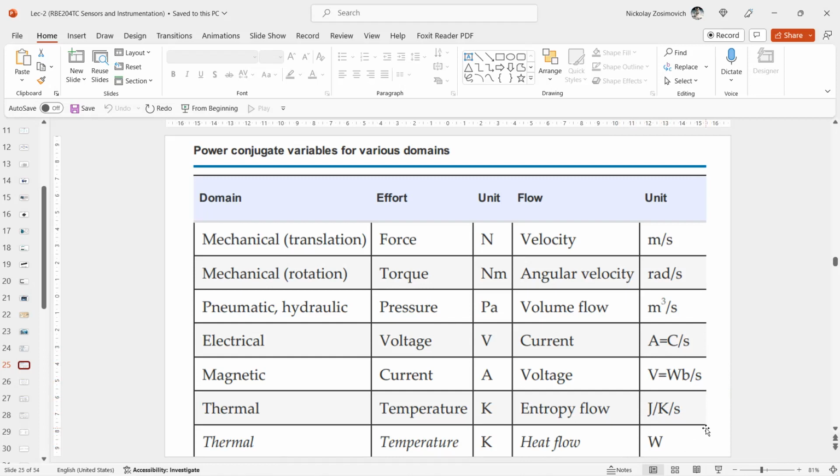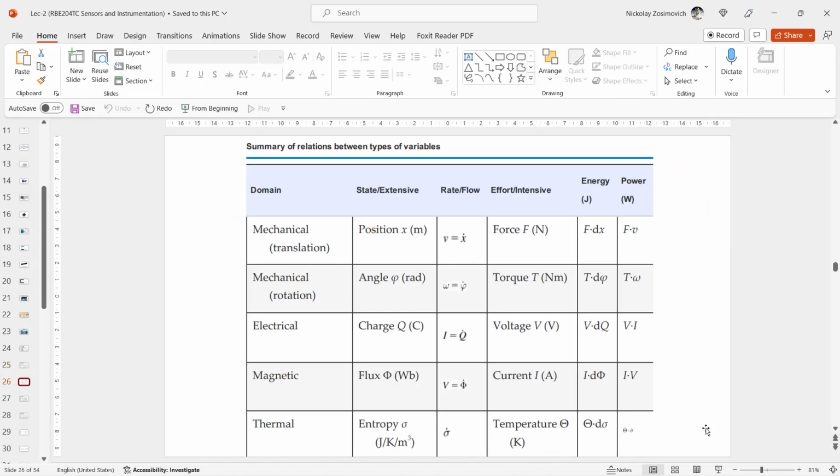And you can see in the bottom of this table, this table summarizes various relations between rate, state, effort, and flow variables for the mechanical, electromechanical, magnetic, and thermal domain.